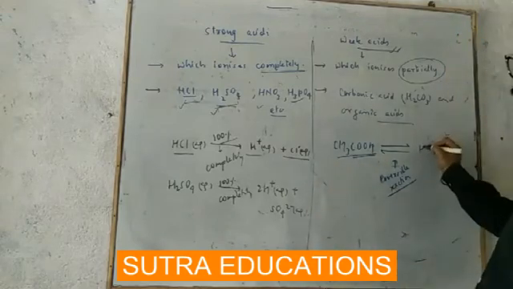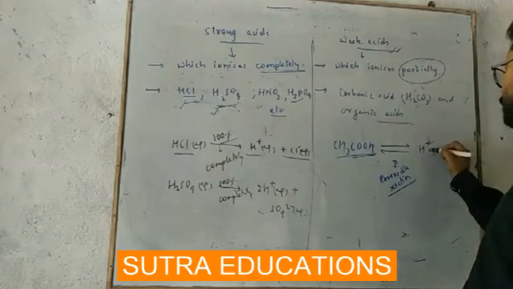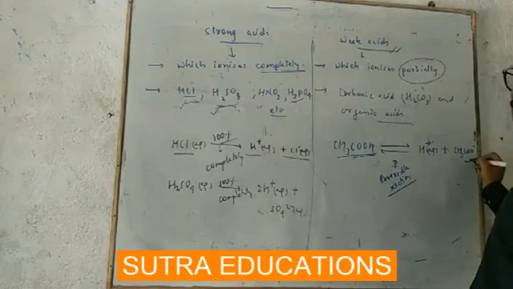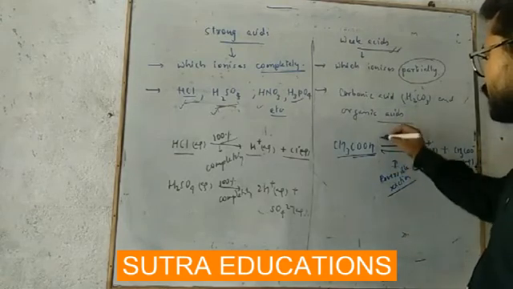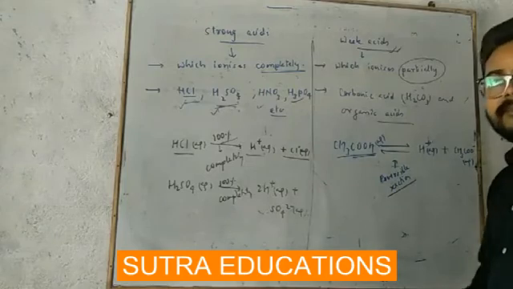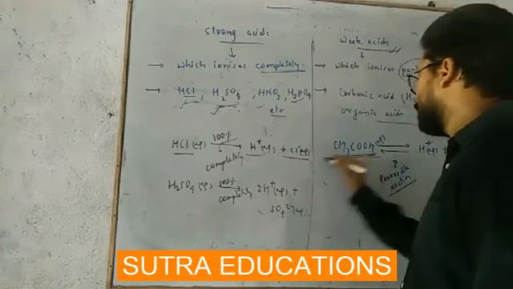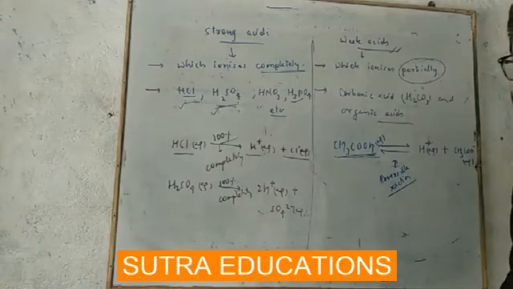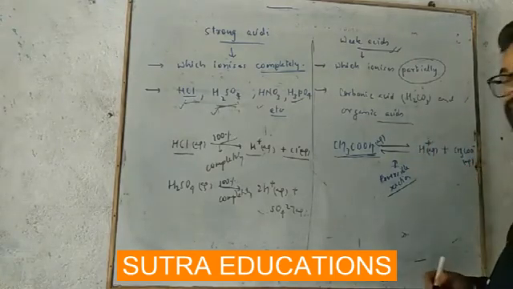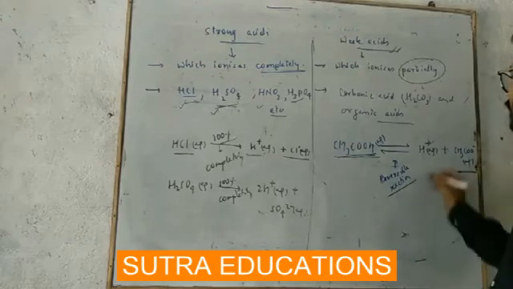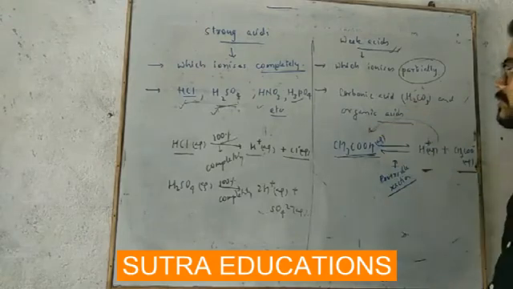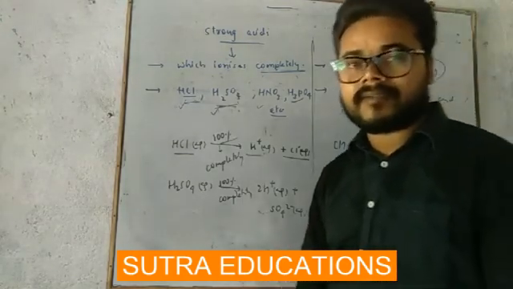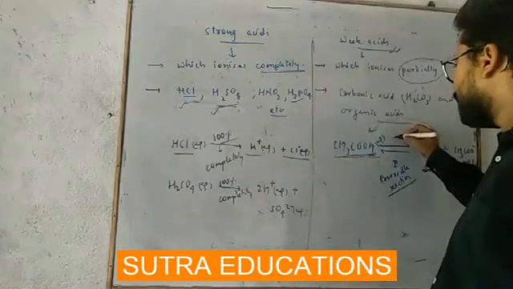So it will give you H plus aqueous plus CH3COO minus aqueous. Some of the CH3COOH aqueous is ionizing into H plus and CH3COO minus, but at the same time some of the CH3COO minus is combining with H plus to give back CH3COOH. Getting this or not? That's why the reaction is reversible, so partial ionization is taking place.